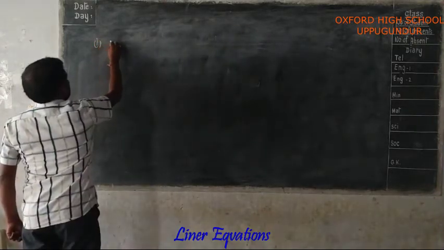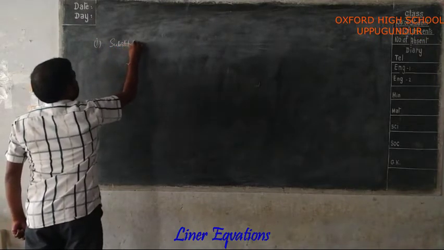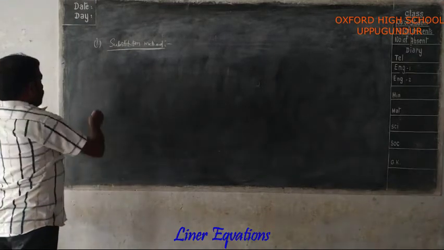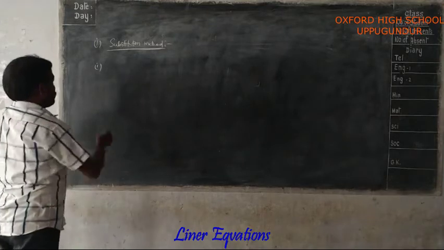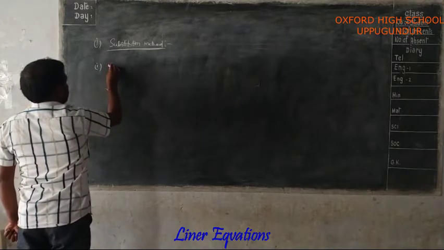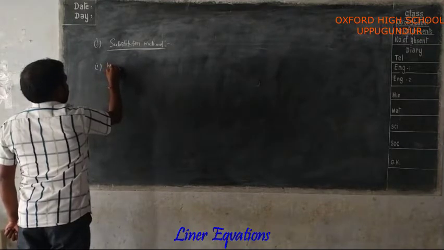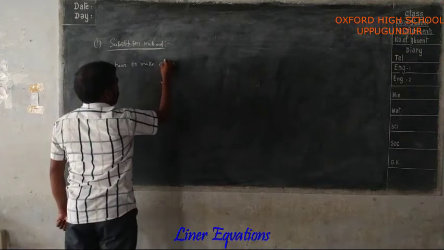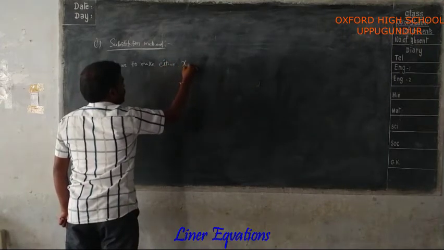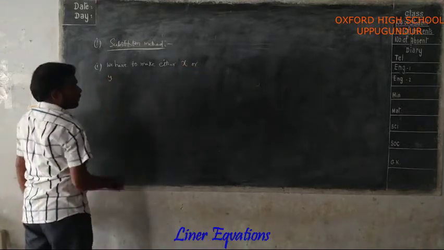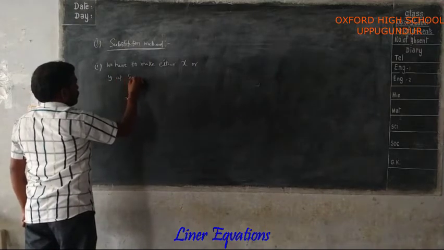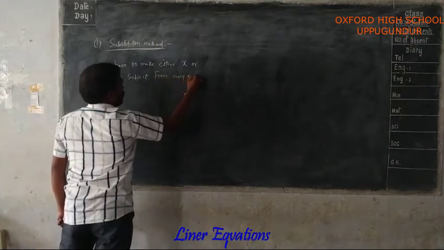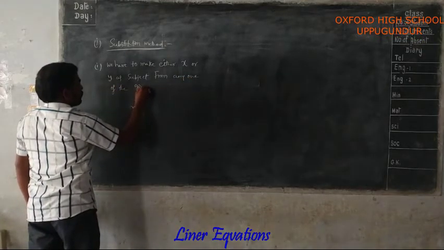One, substitution method. So in this method, first we have to make either x or y as subject from any one of the given equations.